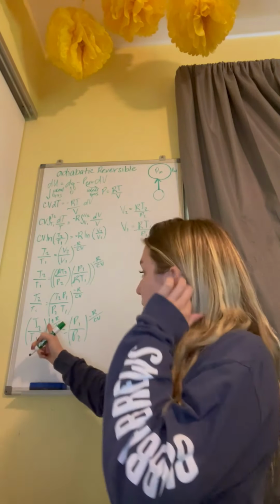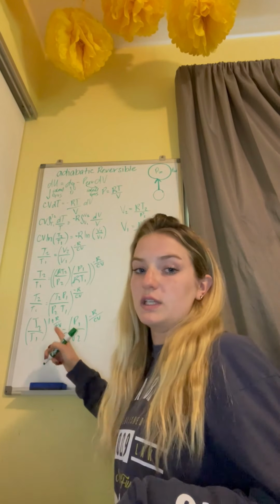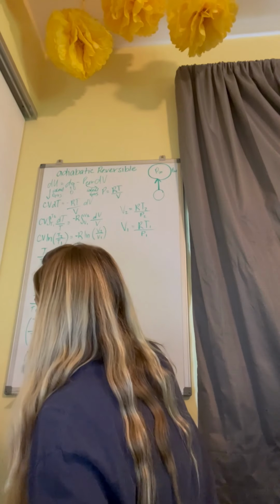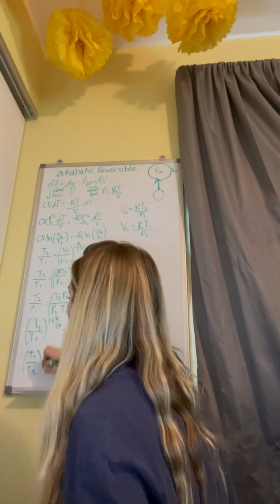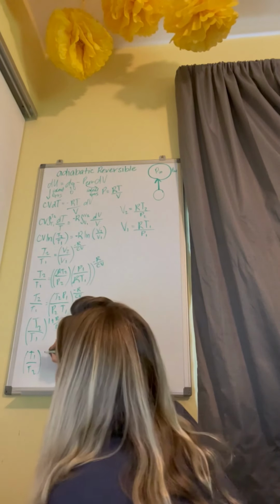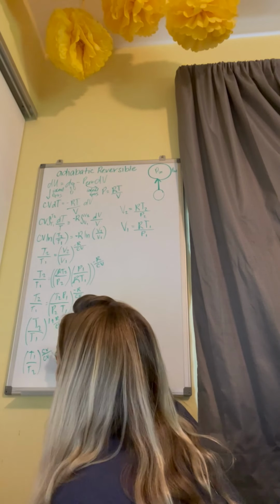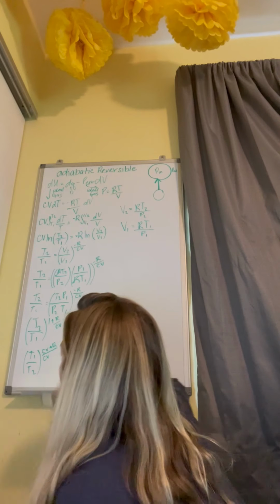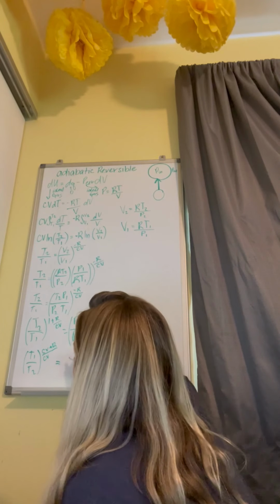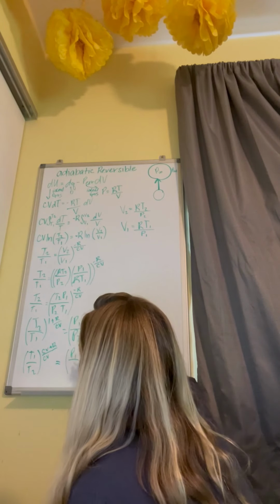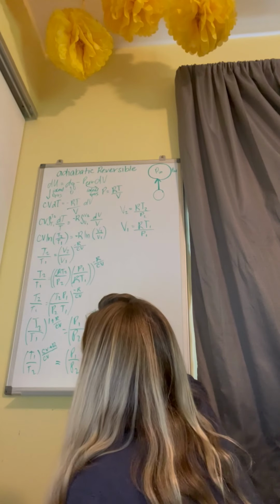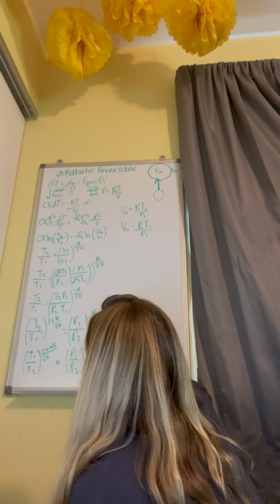Now if we make the 1 and R over CV have a common denominator, we will get T2 divided by T1 to the power of CV divided by CV plus R over CV. And we are going to have this equal to still just P1 divided by P2 to the negative R over CV.